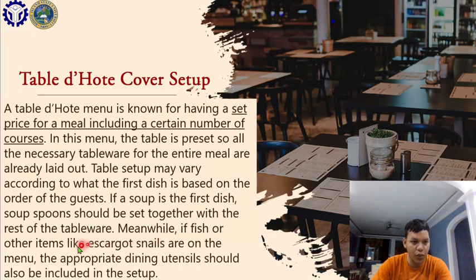Meanwhile, if fish or other items like escargot snails are on the menu, the appropriate dining utensils should also be included in the setup. So, for example, if the bride or the groom already paid the amount, the waiter already knows what dishes are to be served. That is why they will prepare the table. We have the table set up.